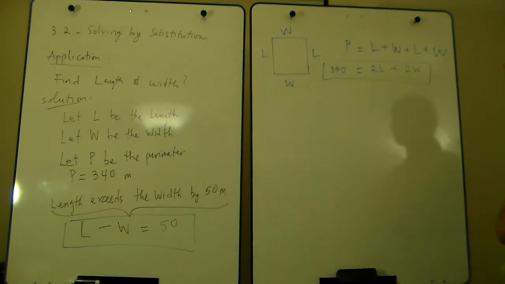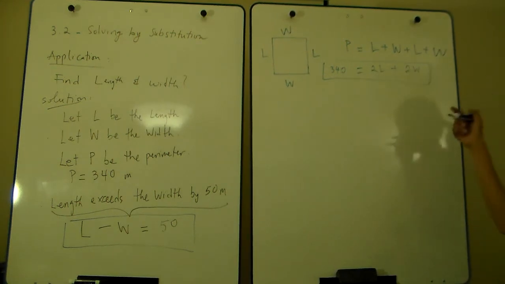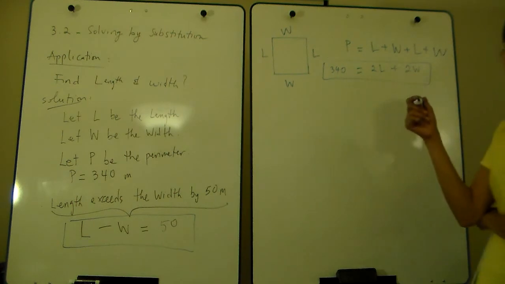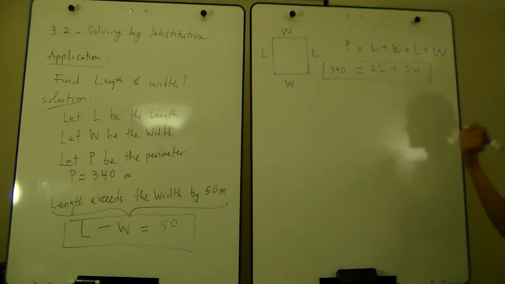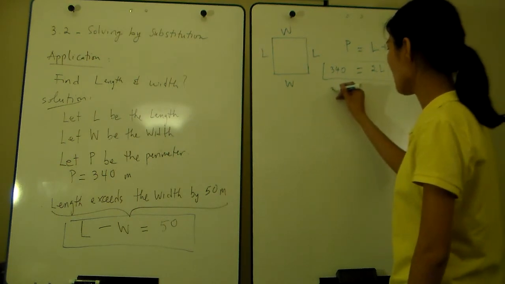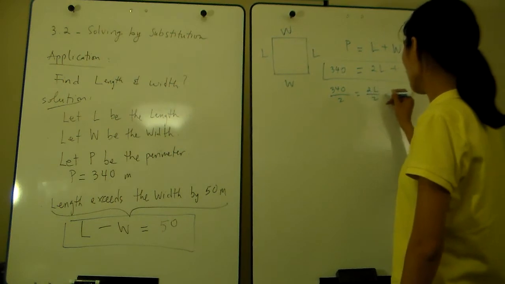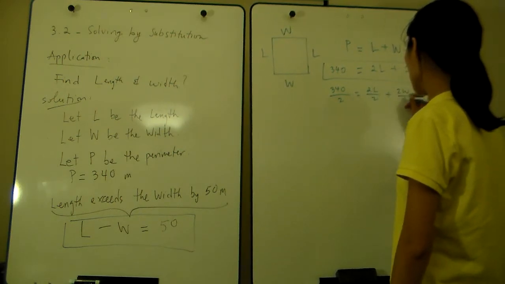Before we go further, it looks like we can simplify this second equation, because the numbers are even. We can divide by 2 and make it look nicer. Let's divide both sides by 2: 340 divided by 2, 2L divided by 2 plus 2W divided by 2.